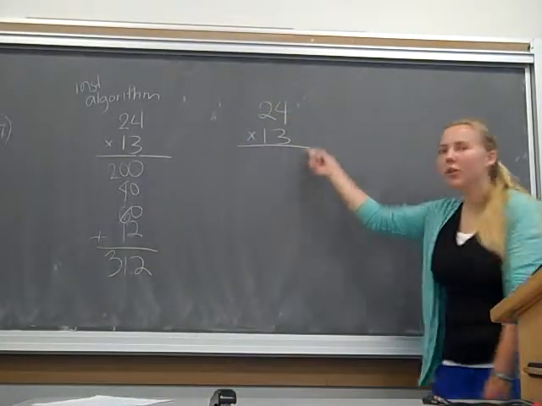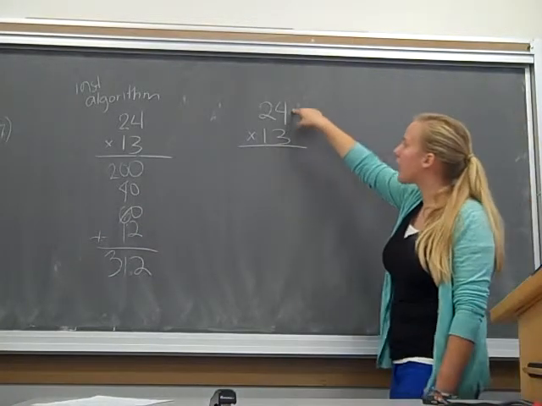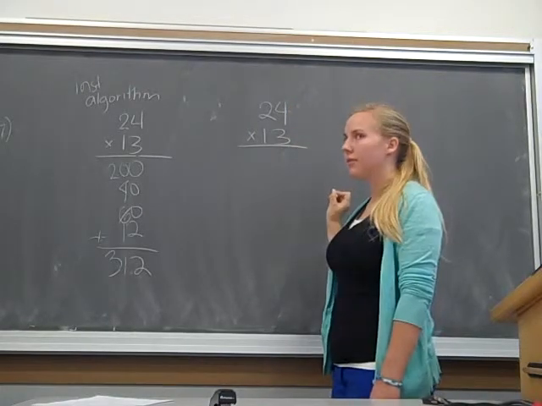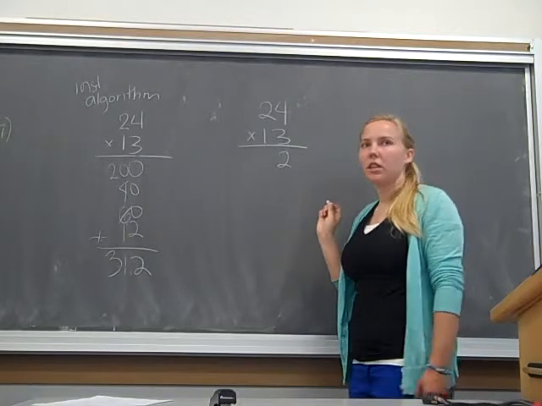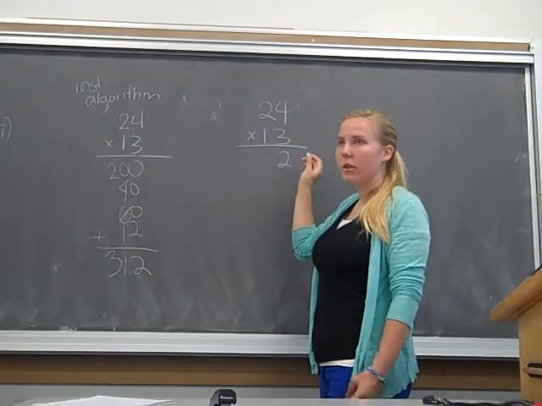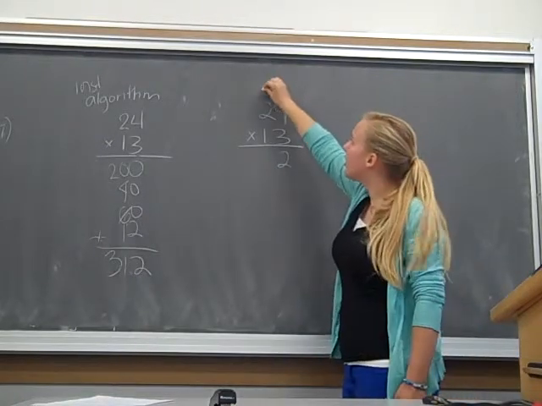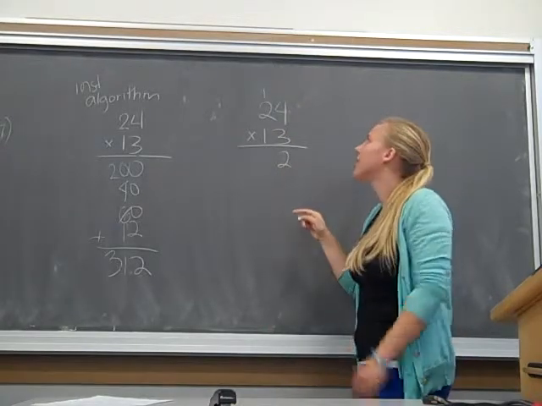What you learned in middle school, how would you do this problem? 4 times 3. Okay, so we take 3 times the 4 and we get 12. So what do I do? Put the 2 down here. What do I do with the 1, the 10? I exchange it. Where am I going to write down that I got a 10? Up here? Yeah. Good. So there's the 10, there's the 2.